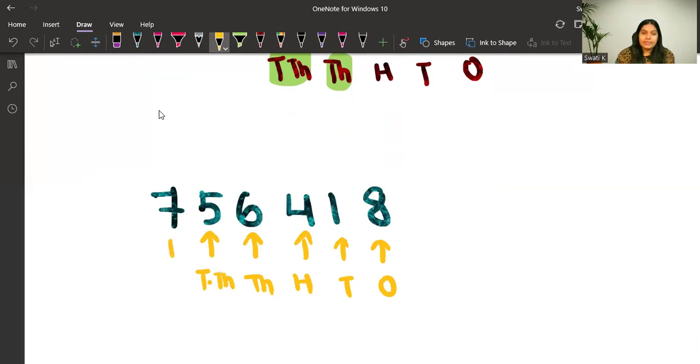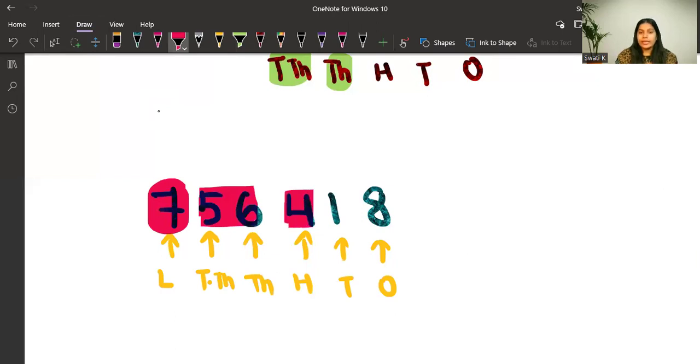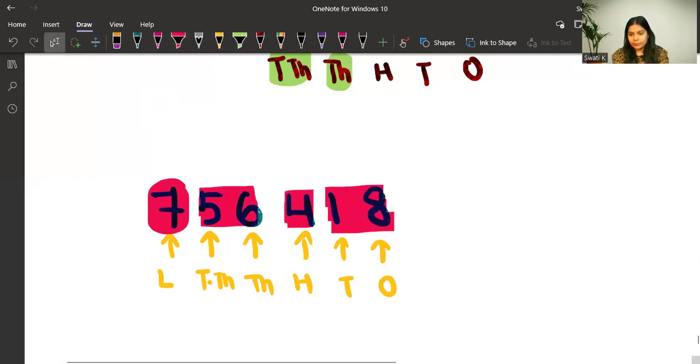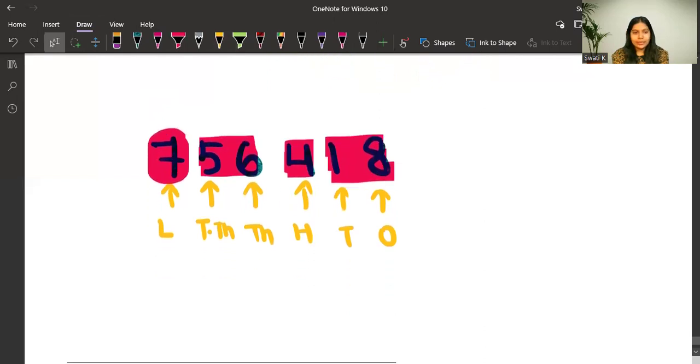And the place value of 7, after 10,000, will be lakhs, L. Depending on this, you're going to read the number as 7 lakhs. Again, we can't read this as 5, 10,000, and then 6,000, so we'll be reading this together: 7 lakhs, 56,418. That's how we read the number. I hope this is clear. Let's go to the next one. For the next one, I'll increase one more digit.